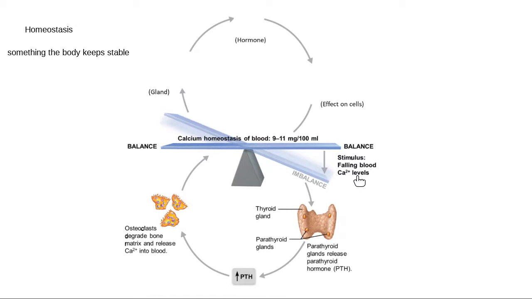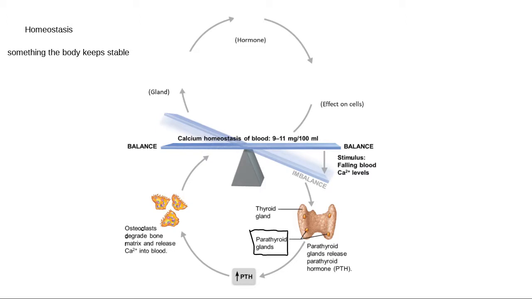My body says, this is not good. I need to have calcium. I got to have this. So what happens is that message that I don't have enough calcium in the blood is received by a type of endocrine organs called the parathyroid glands. Okay, let's do a lab reminder here.